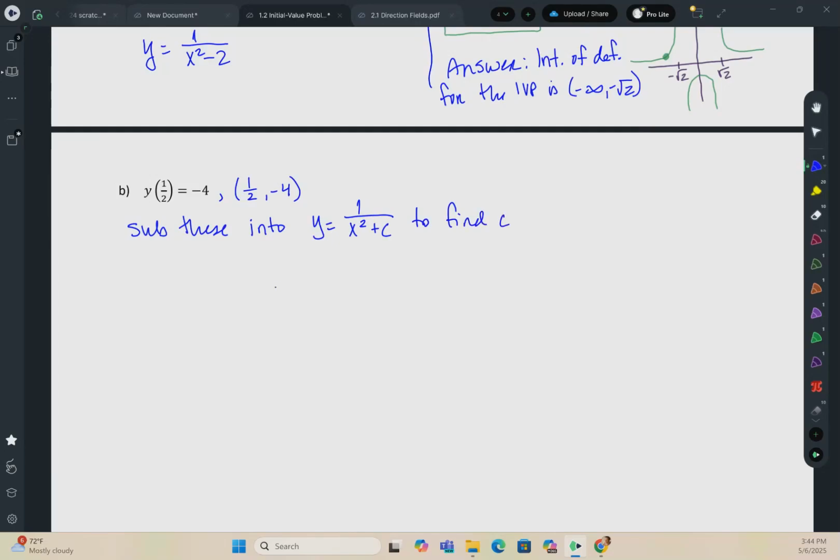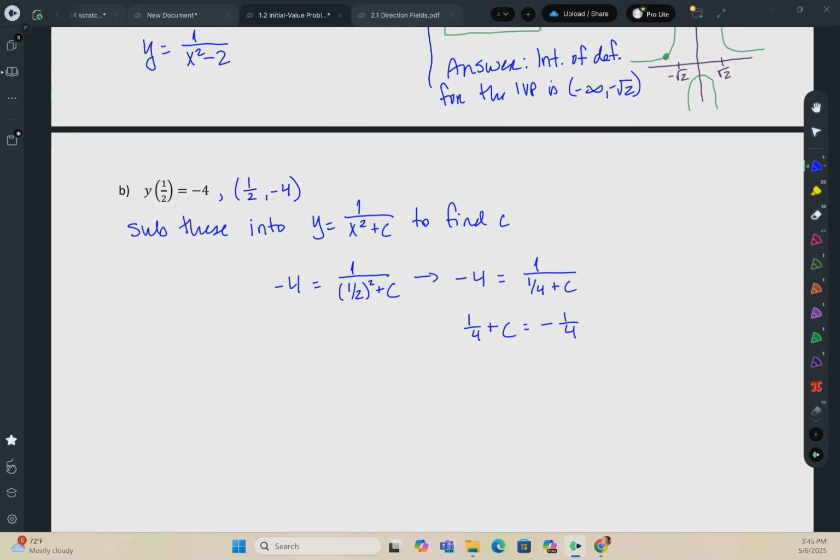All right, so y is negative 4. That's equal to 1 over, and now I have a 1/2 all squared plus c. And go ahead and rewrite that. I get negative 4 is equal to 1 over 1/4 plus c. Okay, if I cross multiply here, what I end up with is 1/4 plus c is equal to negative 1/4.